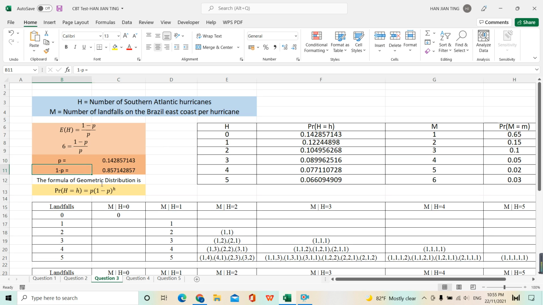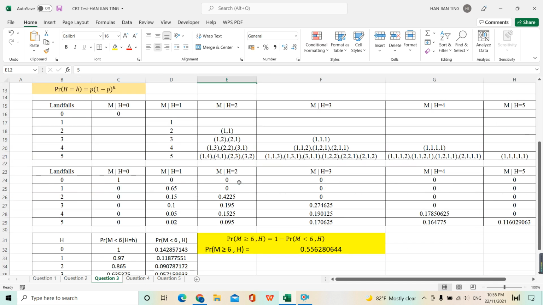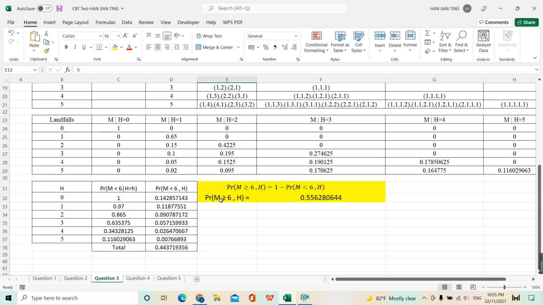The formula of probability for the geometric distribution is p multiplied by (1 minus p) to the power of h. So we substitute p inside, and we can get the probability of h, which is 0 until 5. Why until 5? Because the question is asking for m greater than or equal to 6, which we can let be 1 minus the probability of m less than 6.